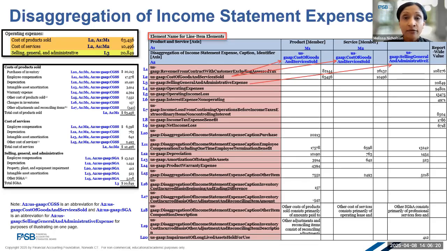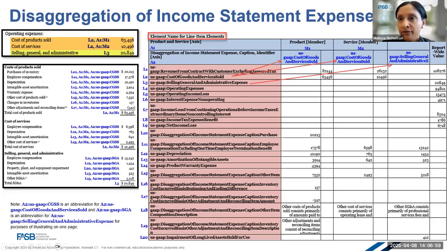Now, if the information is tagged as indicated in the illustrative example that I just walked through, you'll see that for the 3 relevant expense captions in this example, there are 3 columns available to a user of this data. And notice that within each column are all the line items tagged in this disclosure, and each piece of information is identified by the element that's used for tagging the caption in the income statement.